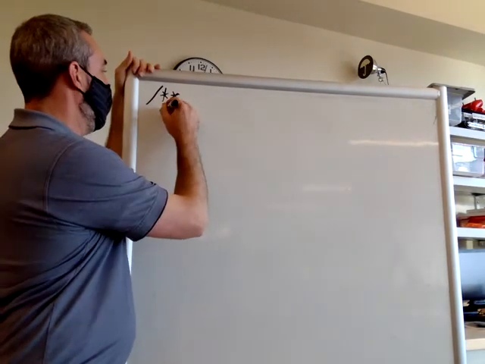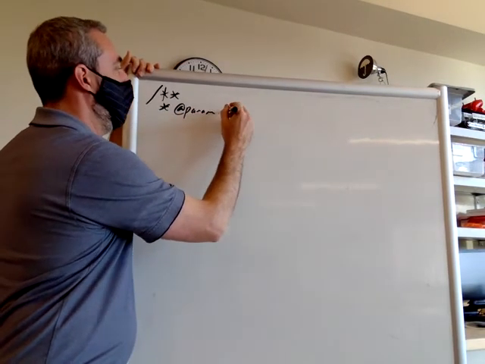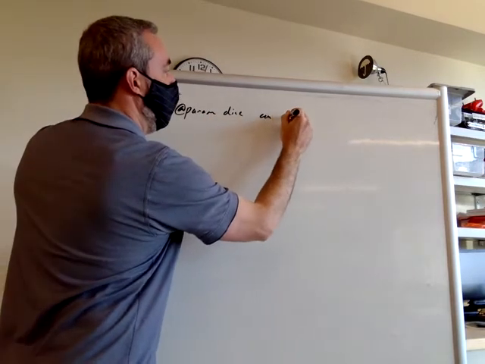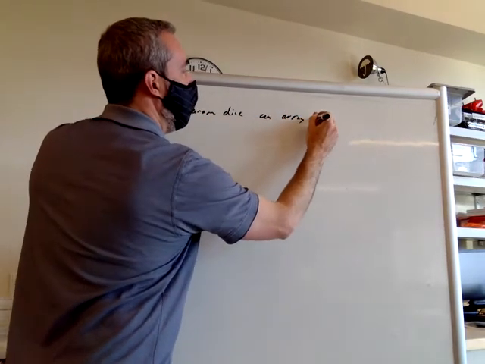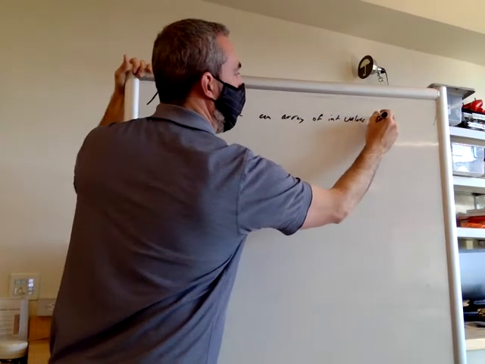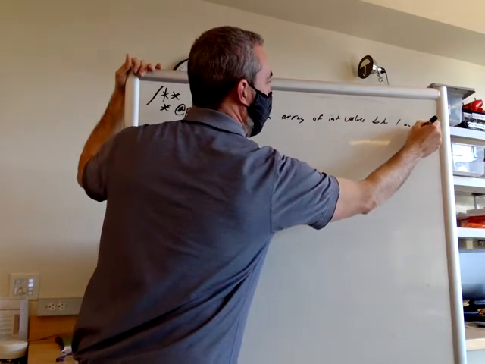So we are going to take in a parameter, param dice, which is an array of int values between 1 and 6.